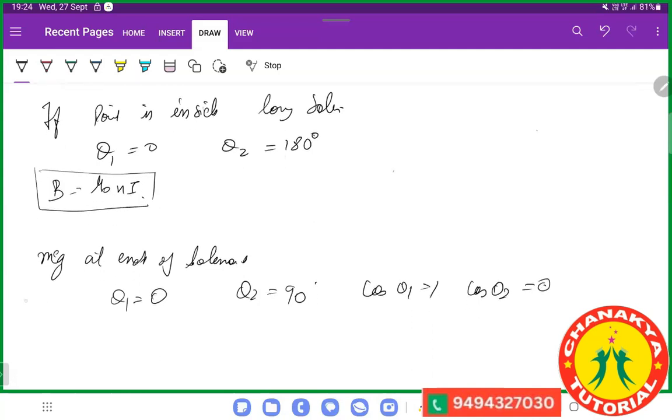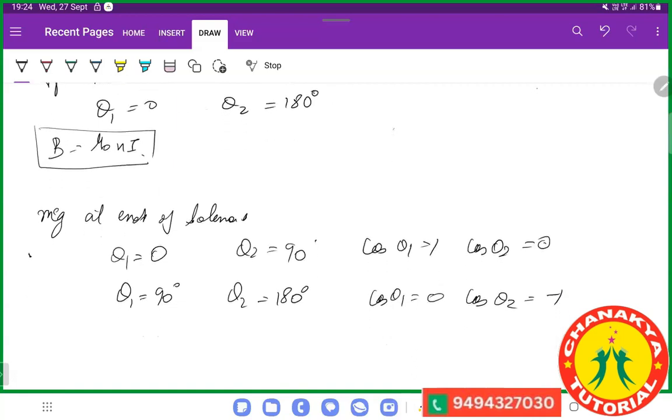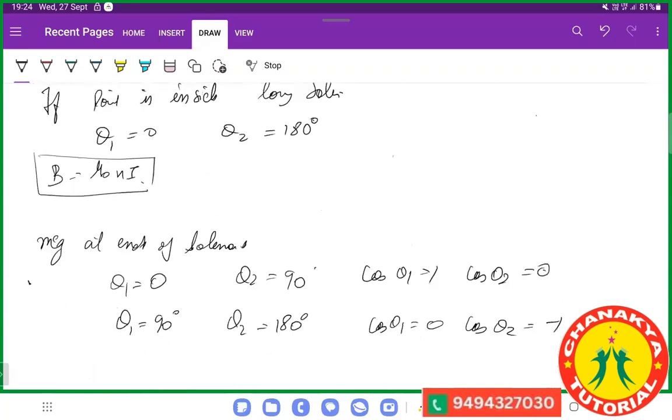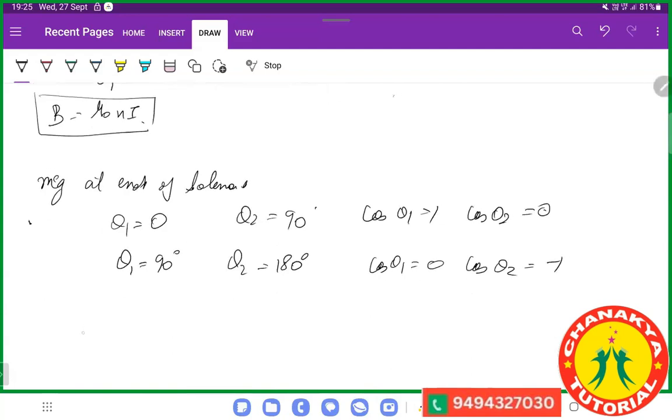That is for the last end. And for the first end, if theta 1 is 90 degrees and theta 2 is 180 degrees, then in the same way cos theta 1 is 0 and cos theta 2 equals minus 1. So minus and minus will become plus. So we have B equals 1 by 2 mu naught n I.